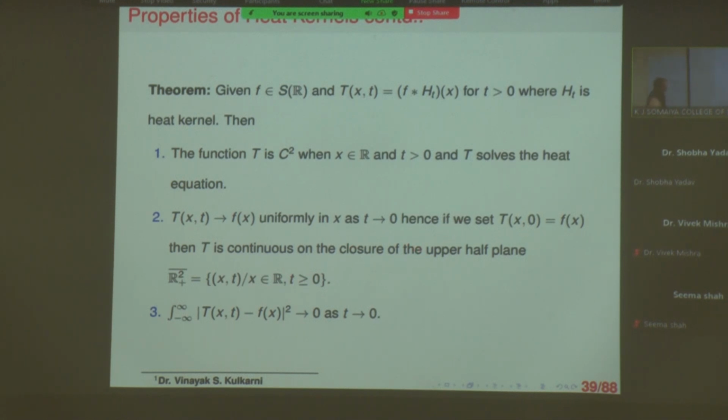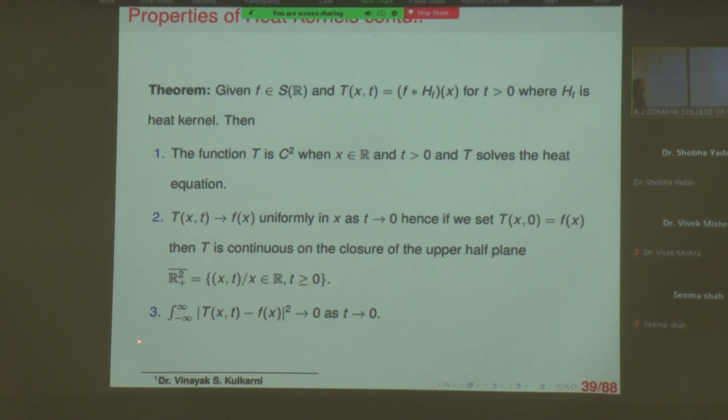Hence, if we set f of x as the initial temperature, then T is continuous on the closure of the upper half plane, the set of ordered pairs x,t where x is in R and t is greater than or equal to 0.